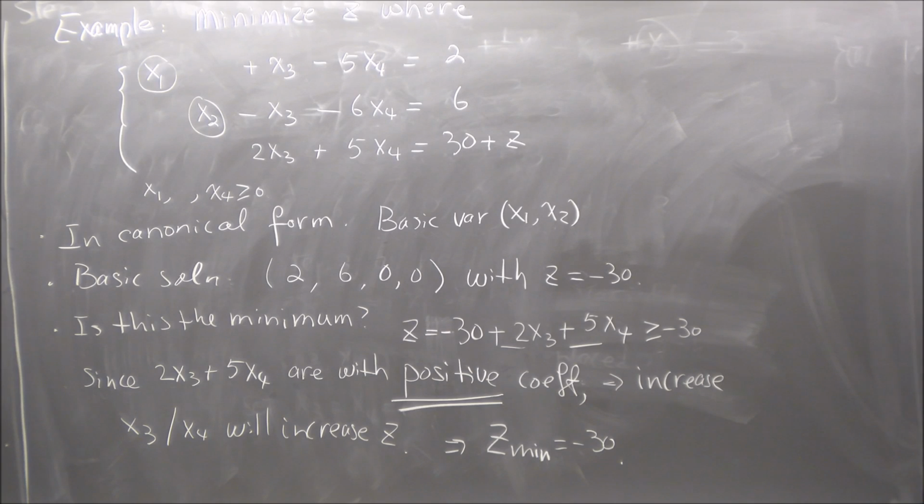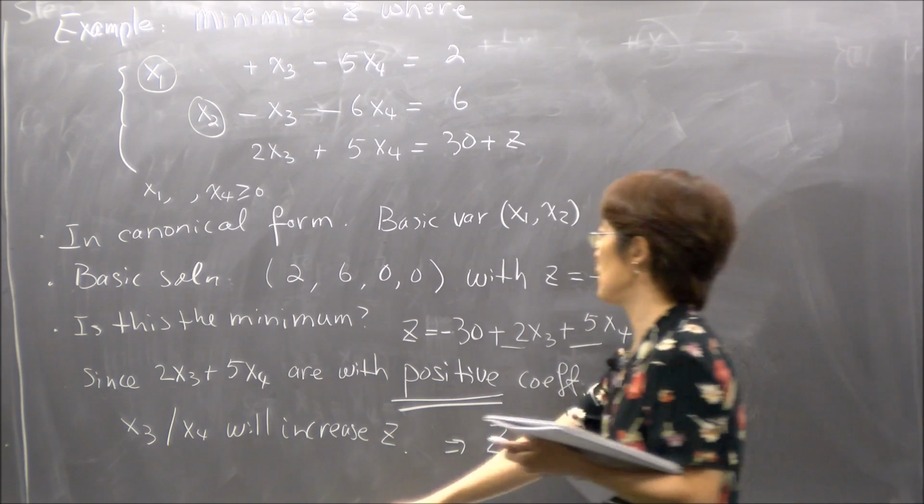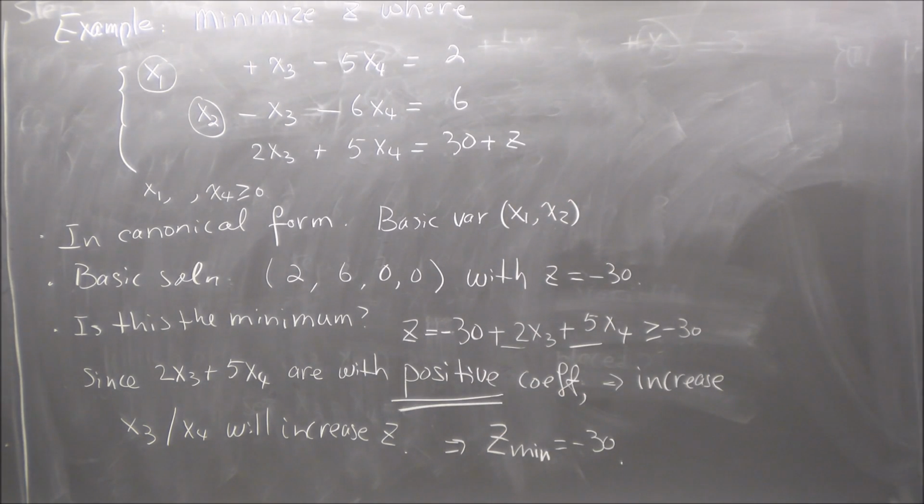If they're all non-negative, then you have reached the optimal point, the minimum. Is that clear? That gives you a criterion to check that you have found the minimum, that you can stop the algorithm. Okay, so we get that part first. When do we know I should stop my algorithm?